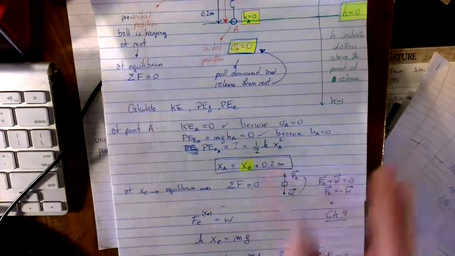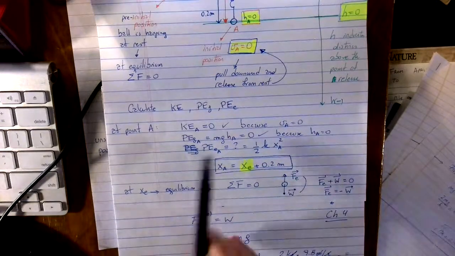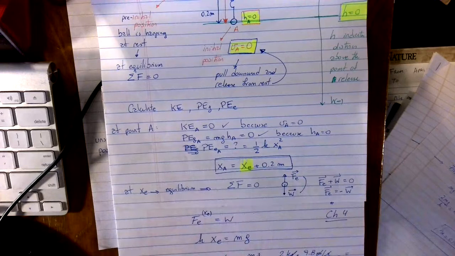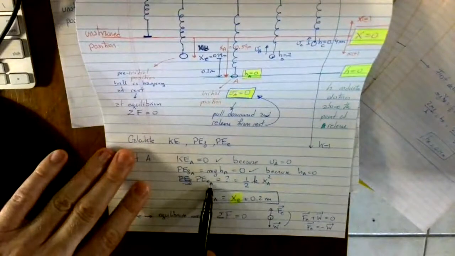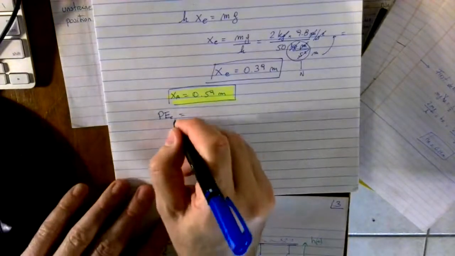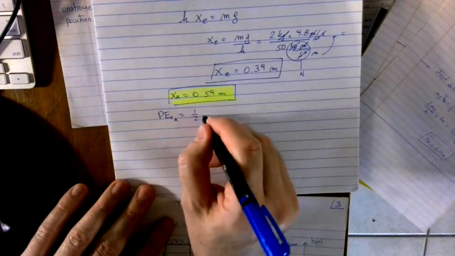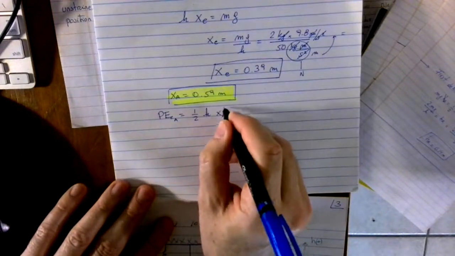All right, so what are we doing here? We go back, and we wanted to calculate PEE, the elastic potential energy at the point A. That's what we're calculating here: 1/2 K, and here you put XA.